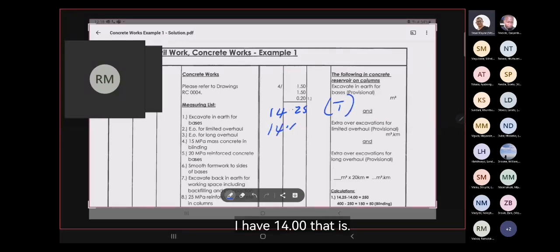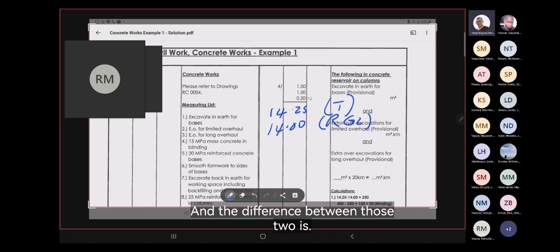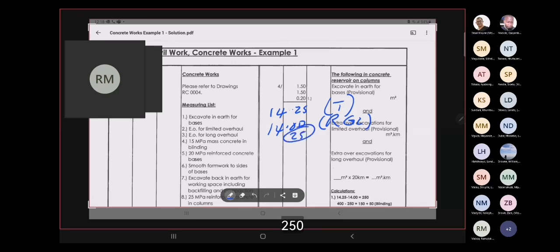I have 14.00, that is reduced ground level. And the difference between those two is 250. The difference is 250. And when I say 400 minus 250, that gives me 150.